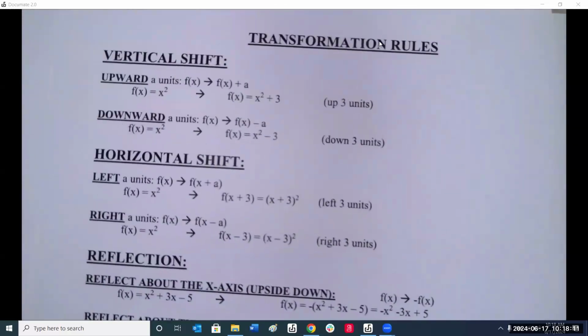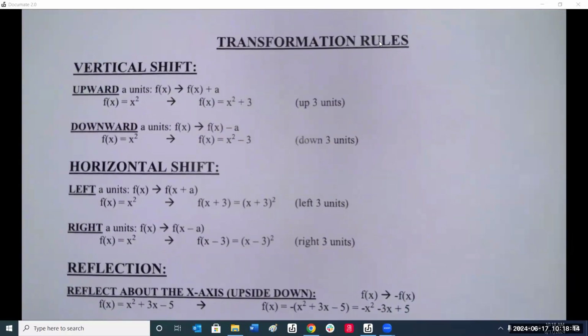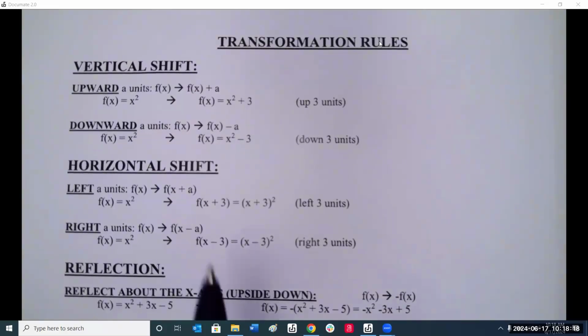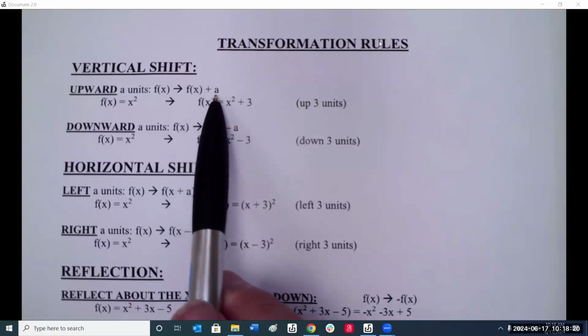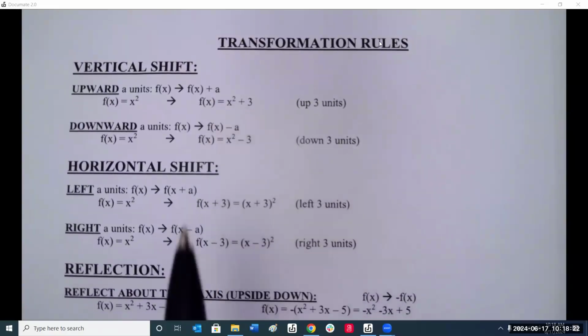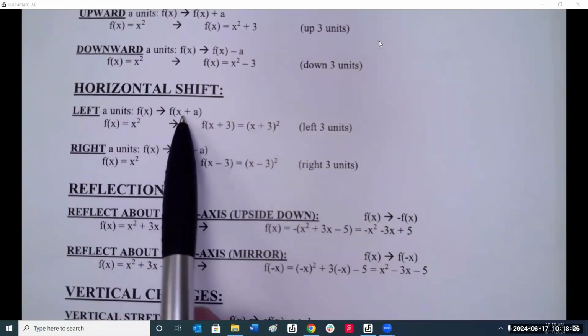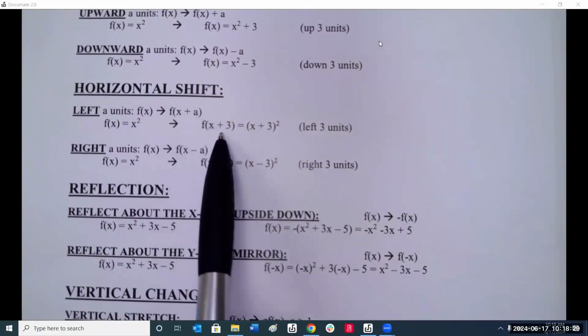The sheet I gave you all, the transformation rules, summarizes all of this stuff. Vertical shift, if it happens outside, it just goes up 3 spaces. If it's negative, it goes down. Horizontal, if it happens inside, it's the opposite. If it's x plus 3, I go to the left 3 spaces.